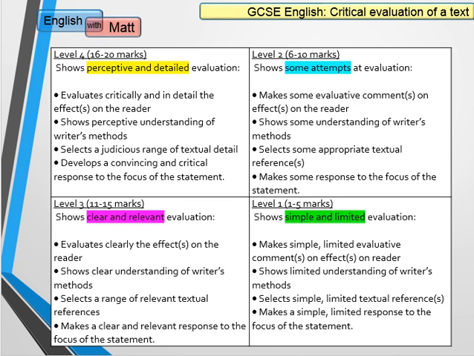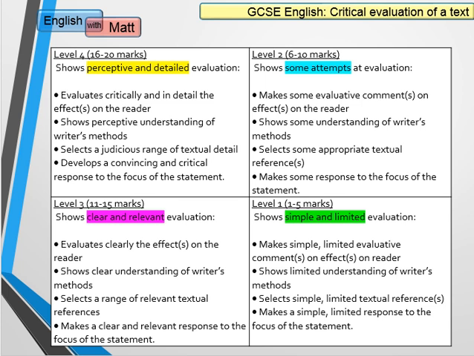But obviously, if you have a higher prediction or you're after something higher, so 5, 6, 7, 8 or 9, then you'll need to be in level 3 and level 4. So I'm going to show you 4 students, or parts of their responses, and I'm going to then ask you to think about what level, what mark you would have given this particular response.